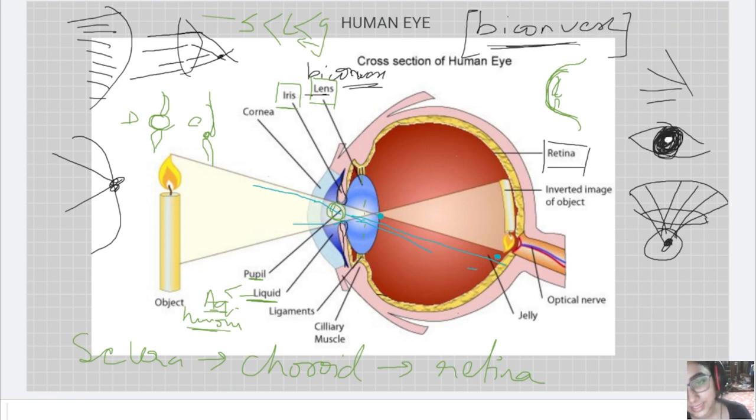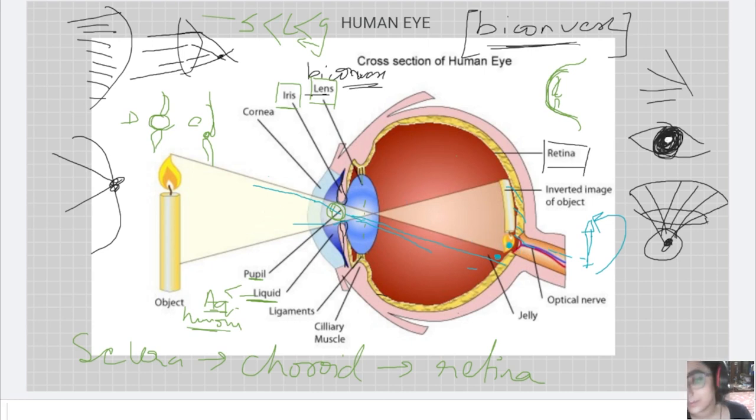In this case, the image that is formed is real and inverted, but we see everything erect. So the stimulus from here goes back to the brain, and the brain interprets it and reverses it, and we see the erect image.